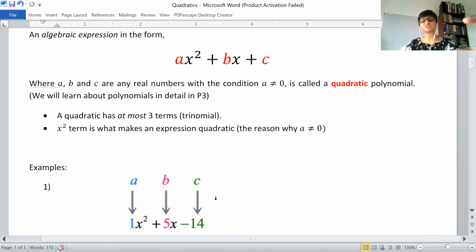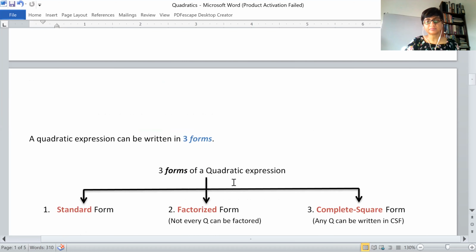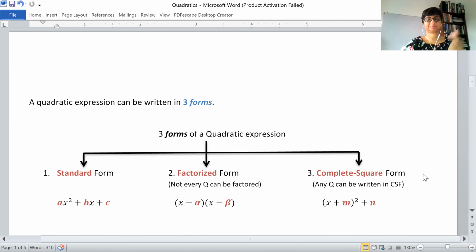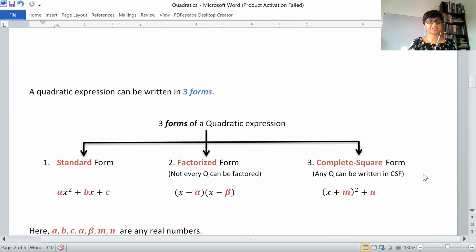As I said, when you have the 3 terms all laid out separately, the x squared term, the x term, and the number term, it's called the standard form. There are two other ways, called factorized form and complete square form. When you take a quadratic expression, the first form I have shown here is the standard form.